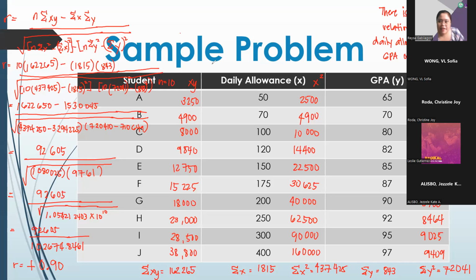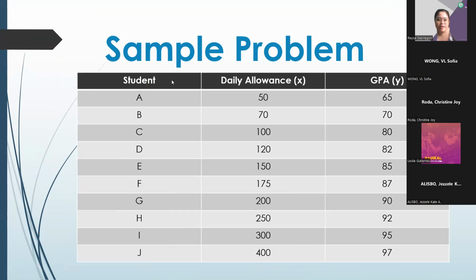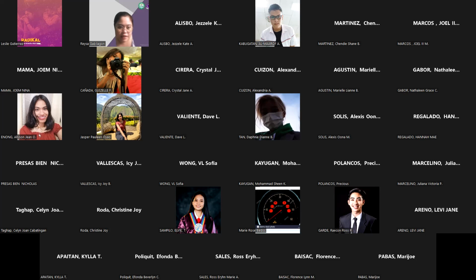Okay na. Sige. So this is our hypothesis. Let me clear the drawings, the writings on the screen. And then, wait lang. Share ko muna ha. We have here a table for the Pearson. Hanapin ko lang.